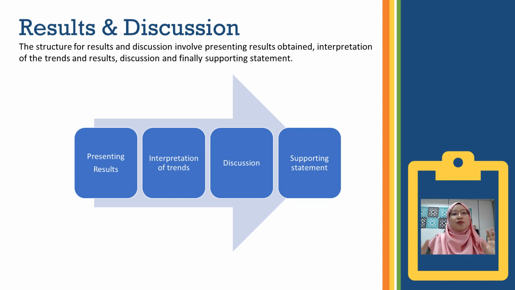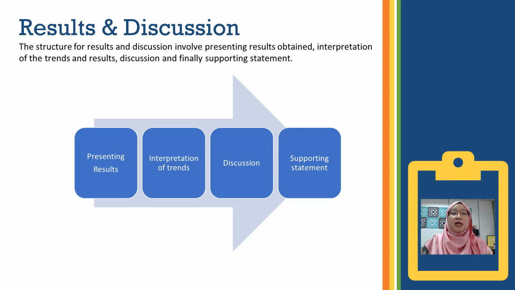This graph shows whatever. And then after you present your result, you need to interpret. For example, if you do a tensile test and you see an increment in the trend, you need to interpret: this figure shows something, and it shows an increment from A to B, whatever. Okay, and then proceed with discussion.